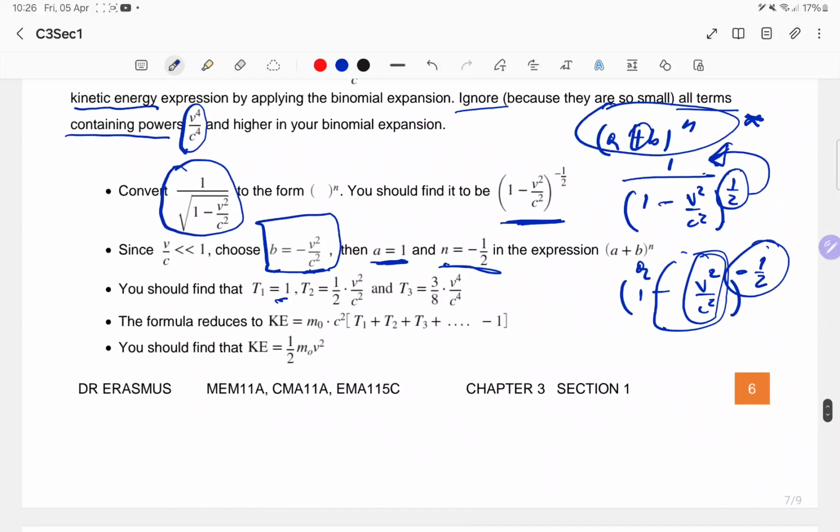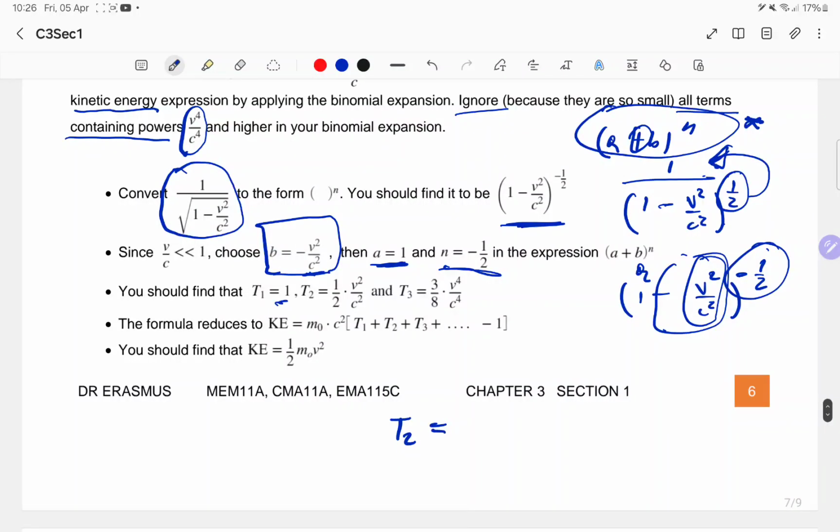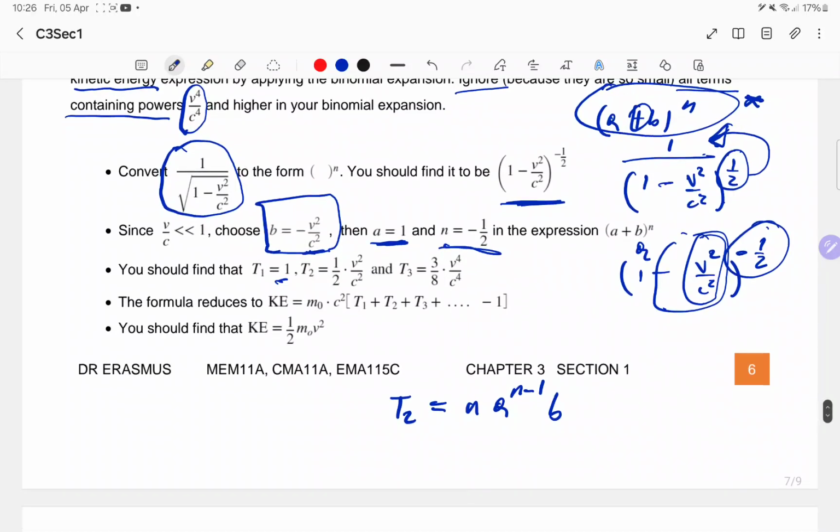Your second term is given by n a raised to the power n minus 1 times b. So n is minus a half, a is 1, we have n, which is minus a half, minus 1 times b, and your b is minus v squared over c squared.